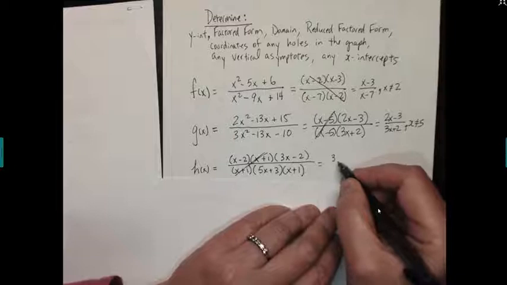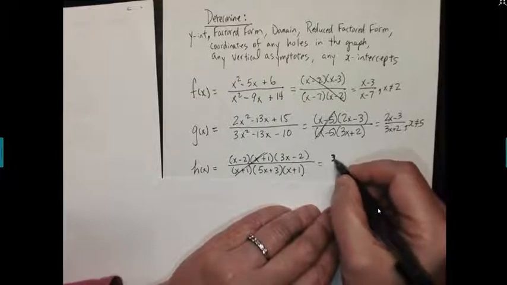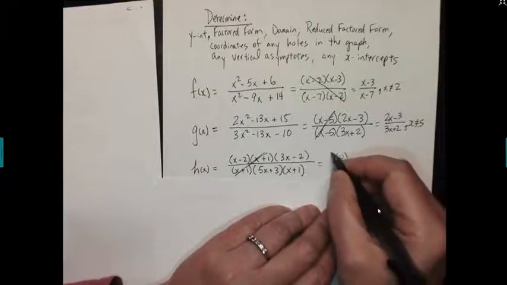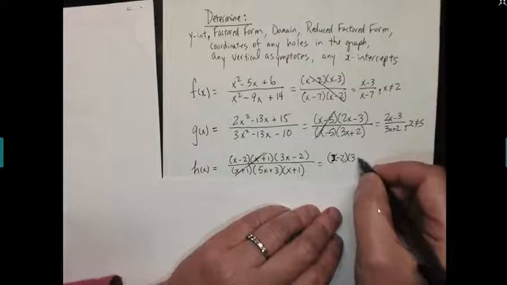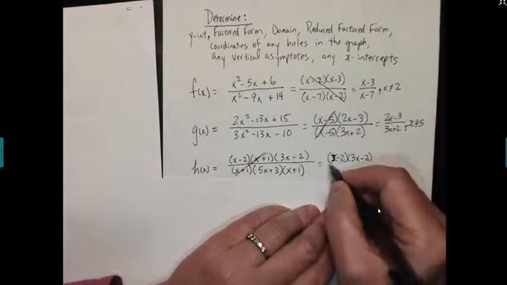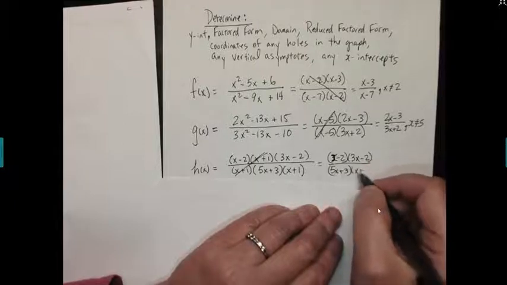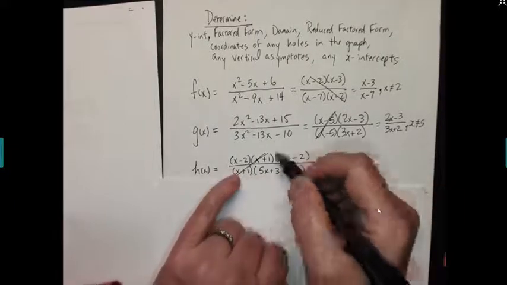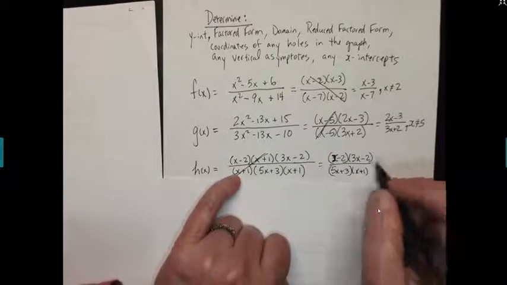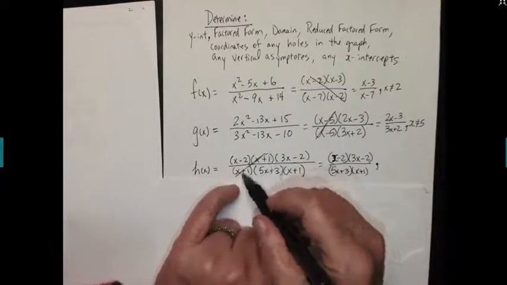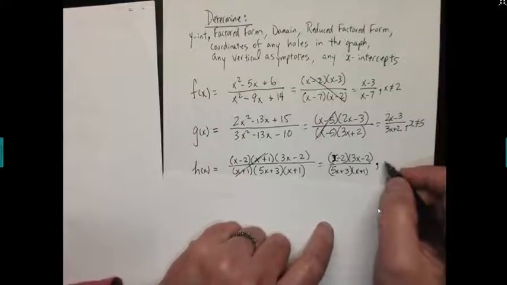The reduced form is going to be x minus 2 times 3x minus 2 over 5x plus 3 times x plus 1. There will be one hole. Now, I could only do this cancellation if x was not -1.